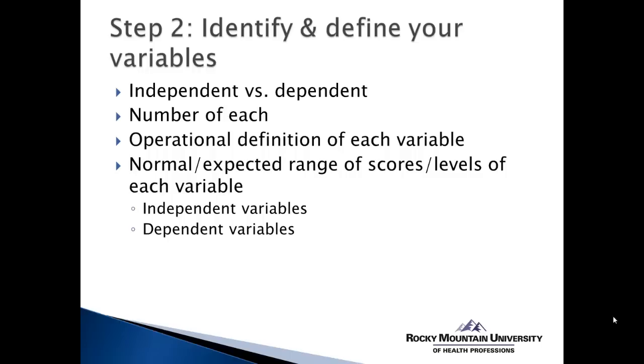Now, as far as the outcomes are concerned, you'll need to have an understanding of what a typical or accepted range of scores might be for your dependent variables. So if you're measuring blood pressure and you decide, someone having a blood pressure lower than a certain number is not considered to be a valid measurement. So you have to make those kinds of determinations as well, and that goes into just deciding what your operational definition is going to be.